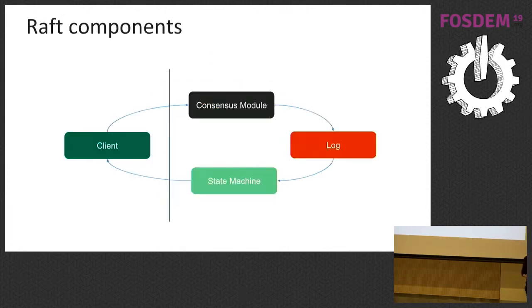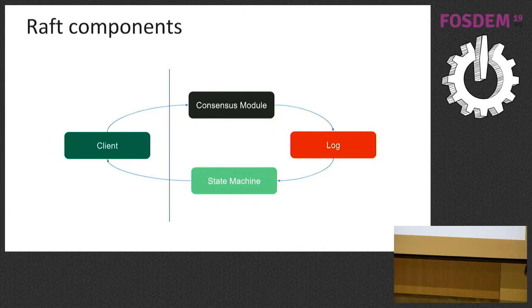In Raft, we have 3 components. We have the main consensus module that drives all of the algorithm's logic. We have the log, which implements this write-ahead log, which is the thing that actually provides most of the guarantees of the protocol. And when those entries of the log are safely committed in a majority of the followers, then they are applied to the state machine, which in the case of Scylla, the state machine is the database itself.